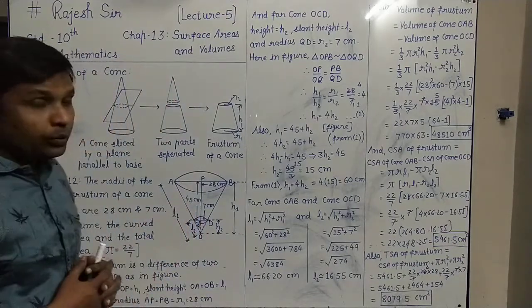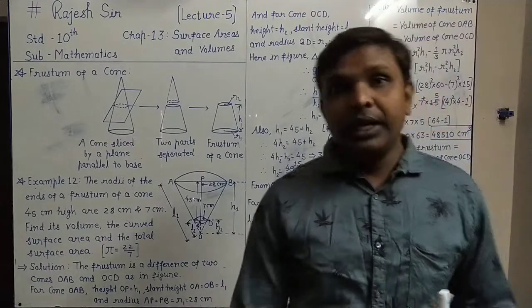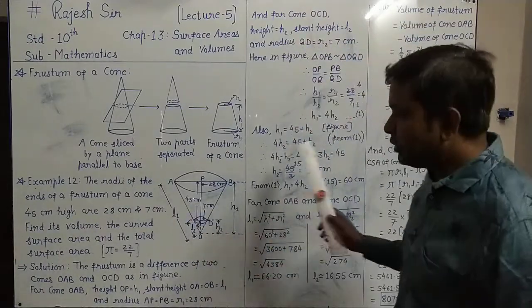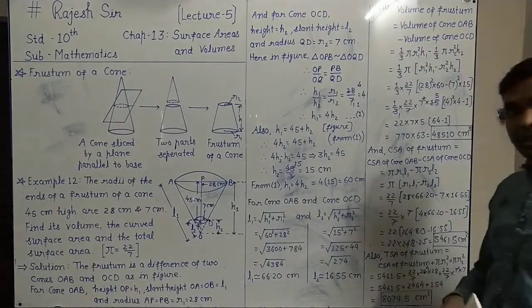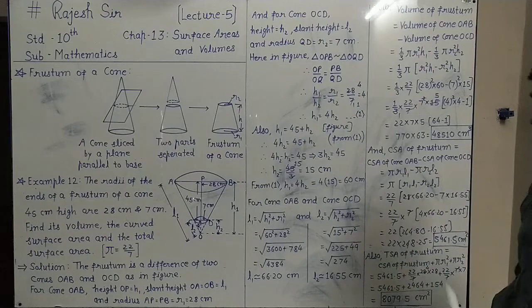So in this lecture, we have understood the frustum of a cone, what is frustum of a cone, and how to find volume, curved surface area, and total surface area of the frustum. In very detail we have seen.